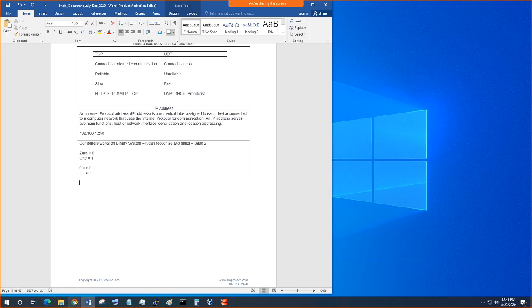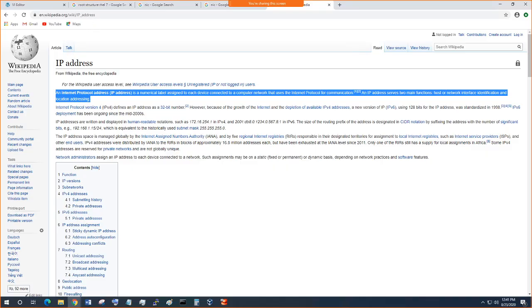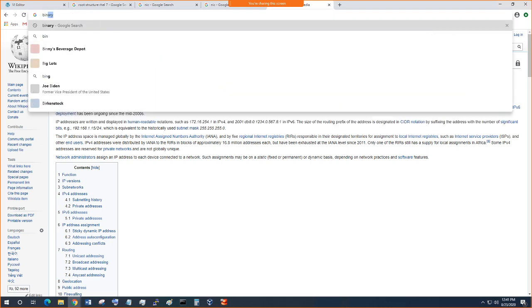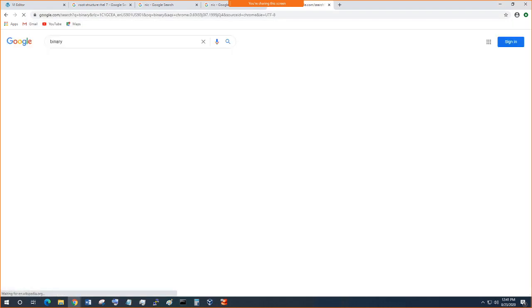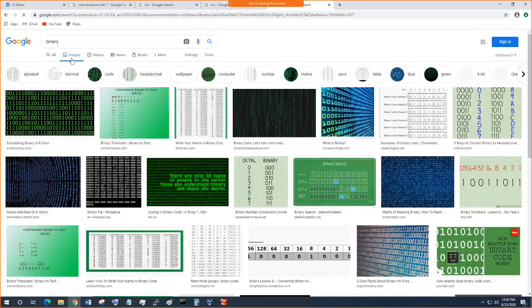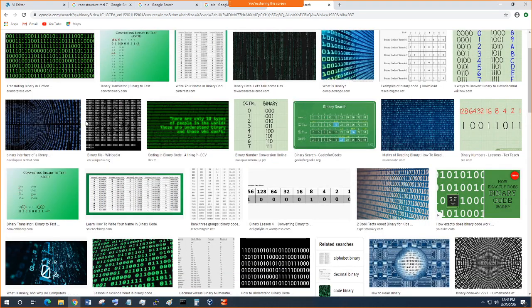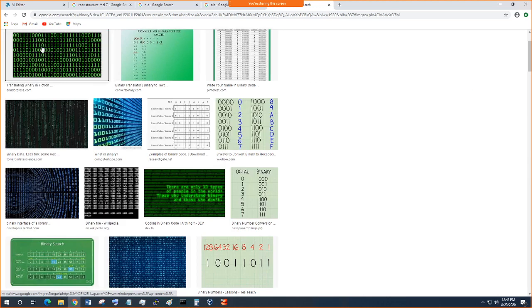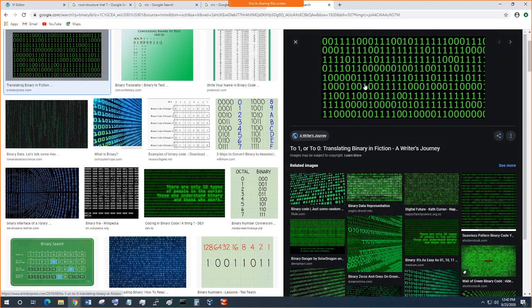So let's grab a picture of binary. I don't care who's writing what. In the end, this is what the computer understands. Because it was established that all these numbers, codes, letters and everything, it changes itself into binary, zeros and ones.